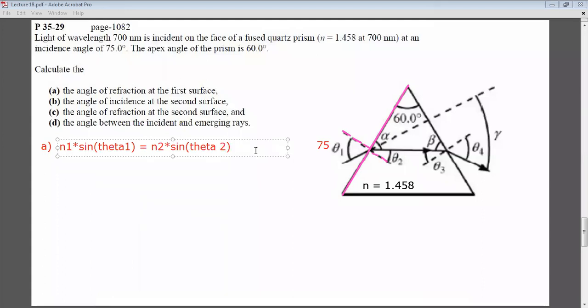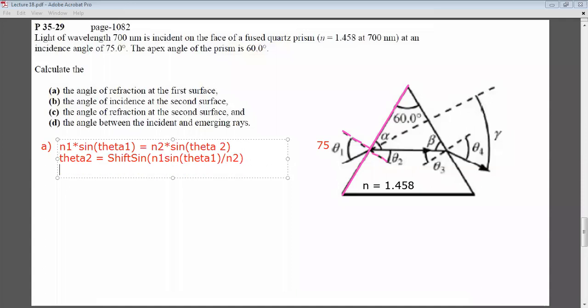So theta 2 is the inverse sine of n1 sine theta 1 divided by n2.